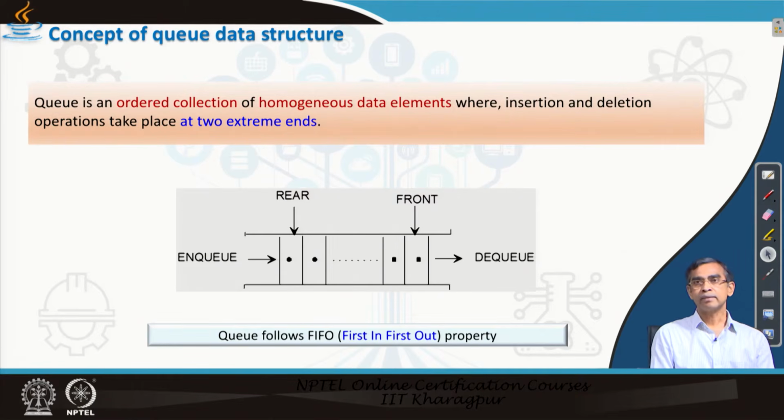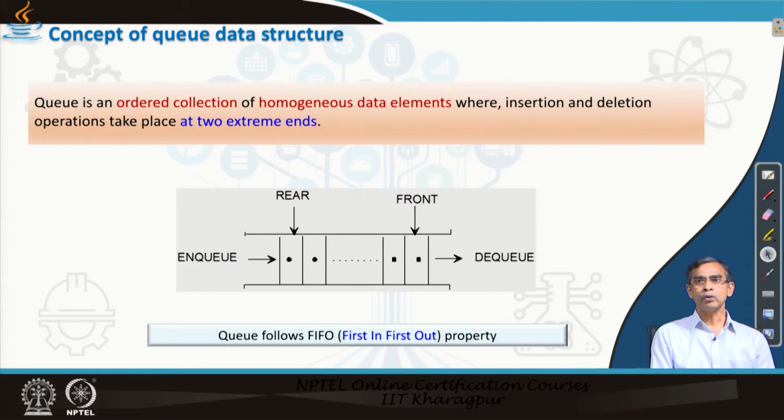But there is a basic difference between the stack and queue. Stack allows operations at one end only, whereas queue allows operations at two ends. There are two ends in a queue, one end is called the front and the other end is called the rear.